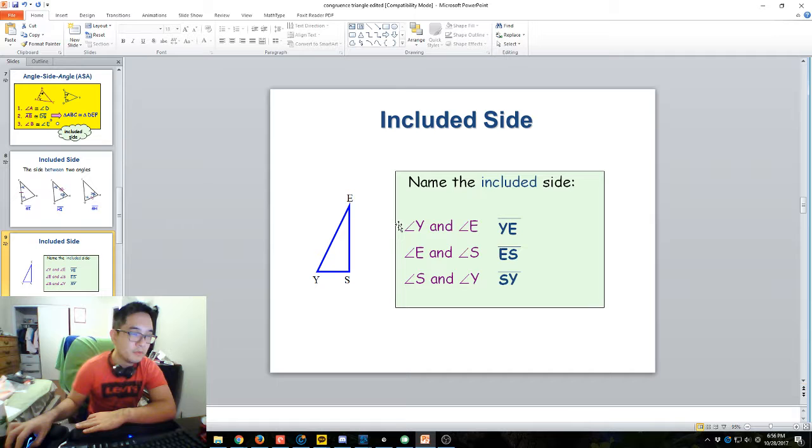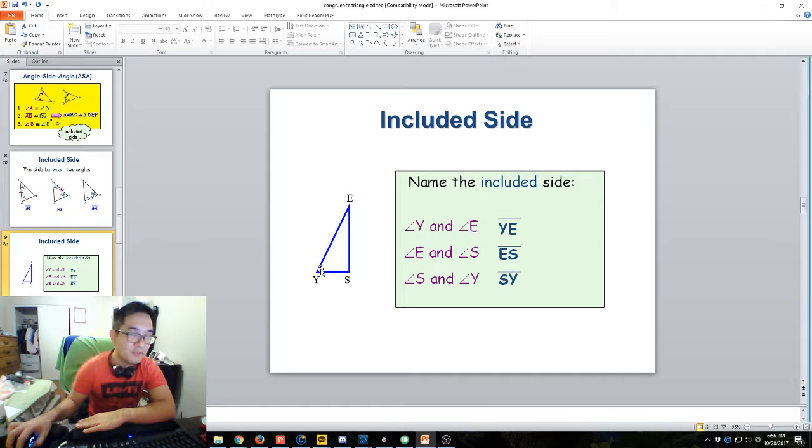Here, you want to name the included side. If you have YE, the side, and ES, if you want to prove by angle, side, angle, so this is what I meant to do.